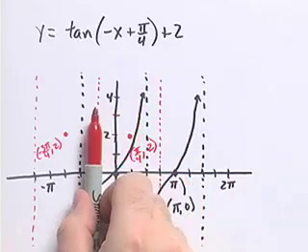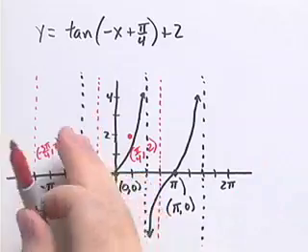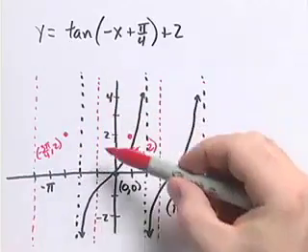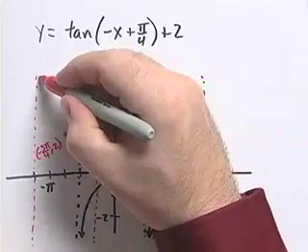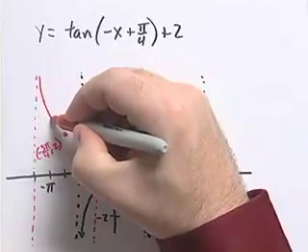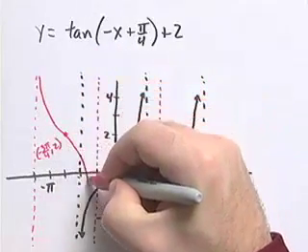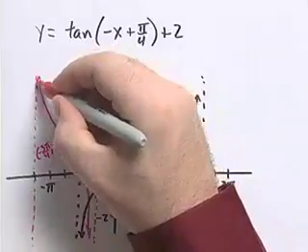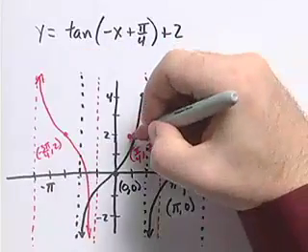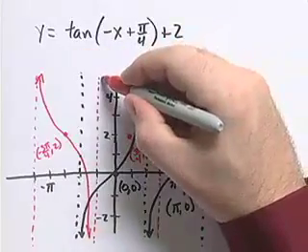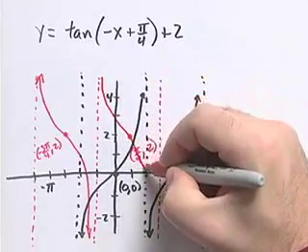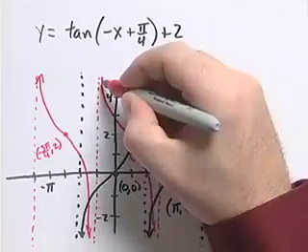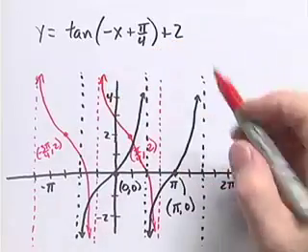If we shift to the left, we're still increasing, but when we do our reflection, we end up decreasing, going the other way. So we're going to sketch our graph. It looks like this, and something like that. So there's 2 periods of our given function.